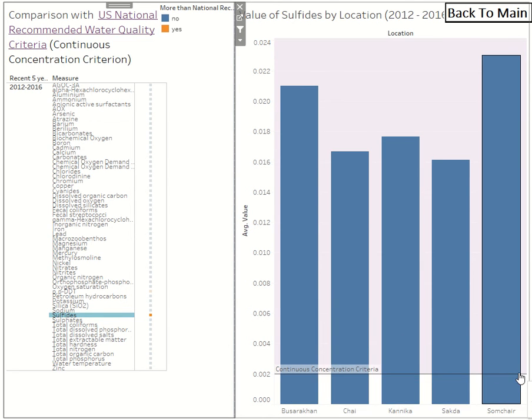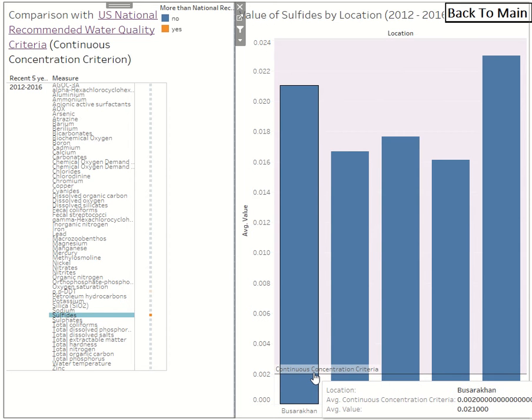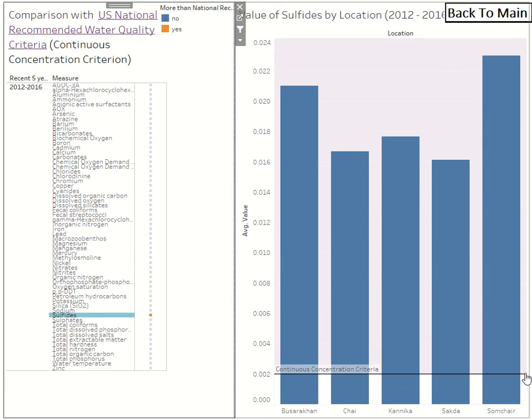The reference line is the continuous concentration criteria, which means that anything above the reference line means that they have exceeded the threshold that is recommended by the US national government. It's important to note that for recency's sake, we only take into account the previous 5 years, year 2012 to 2016.